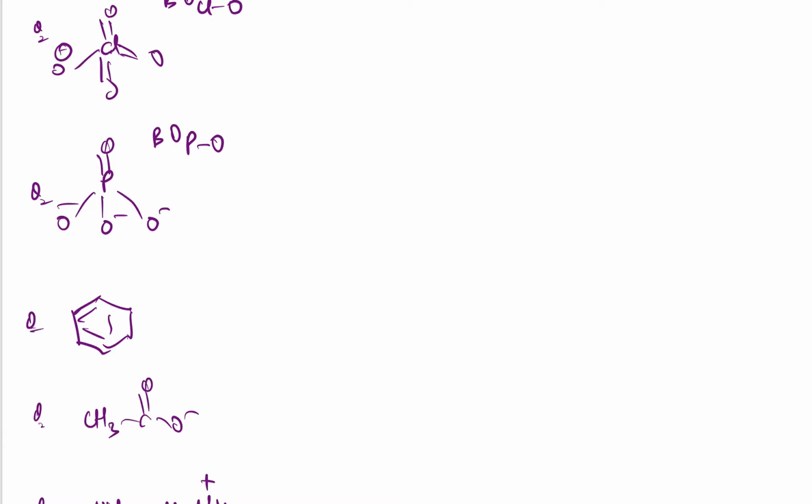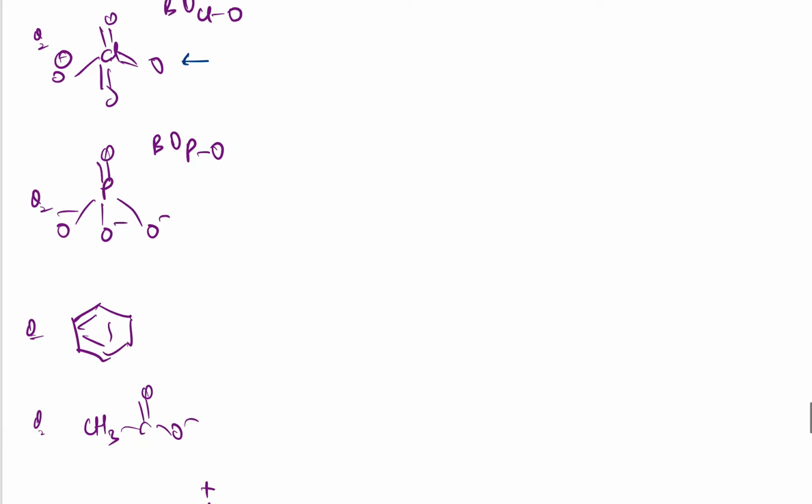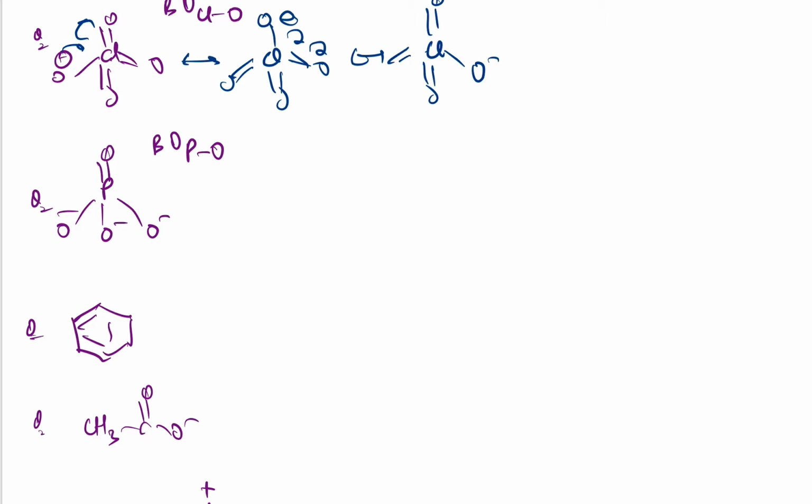So now let's jump into the solution. If you draw the resulting structure, it will go here and go here. ClO negative, double bond O, double bond O, double bond O. It will go here and it will go here. Cl double bond O negative, double bond O, double bond O. It will go here, it will go here.